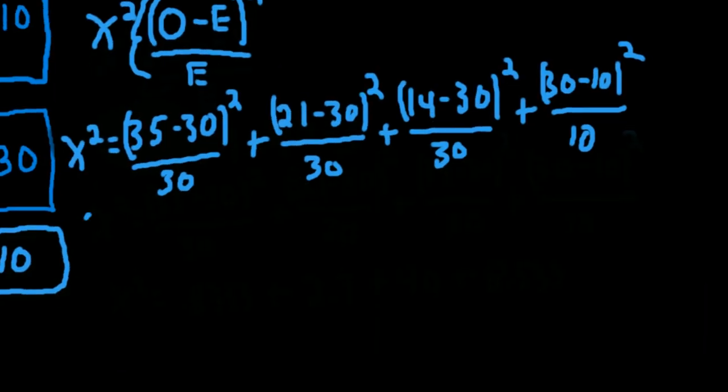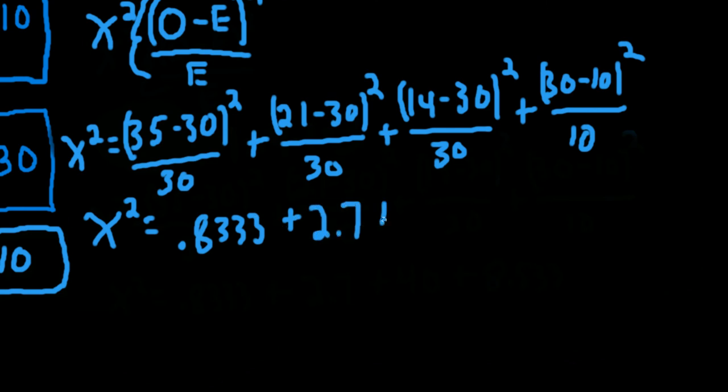So we can go ahead and follow order of operations. So we will subtract, square, divide, and then add. So we have, for the first cell, 0.8333. For the second cell, 2.7. For the third cell, 8.533. And then for the last cell, we have 40.